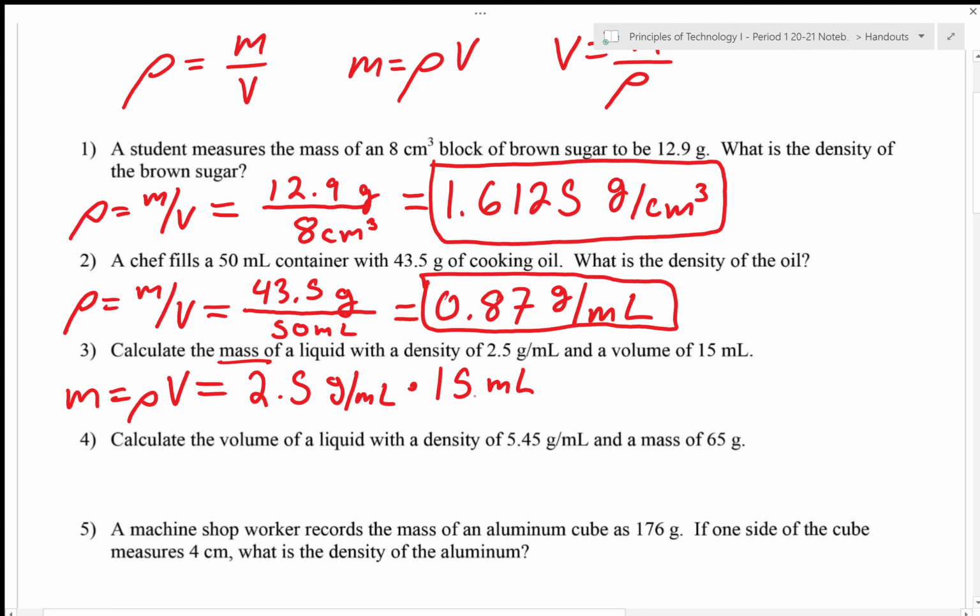Now the volumes are going to cancel out, and we're going to be left with 2.5 times 15, and that is going to be 37.5, and our answer is going to be in grams because all of the milliliters canceled one another out.